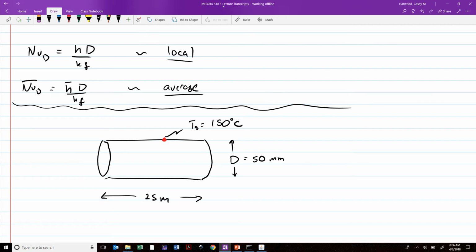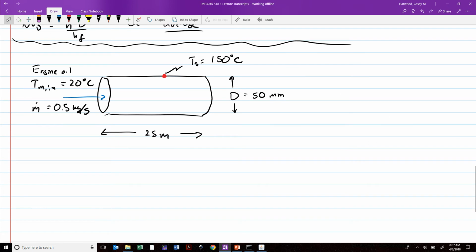Into this pipe, we have flowing engine oil at an inlet mean temperature of 20 degrees Celsius and a mass flow rate of 0.5 kilograms per second.